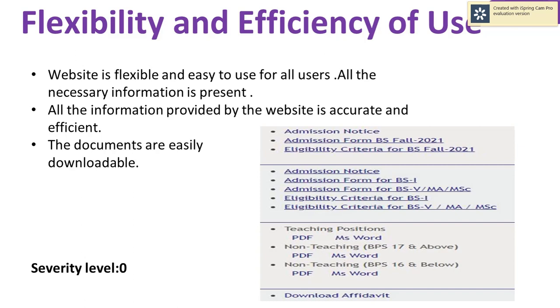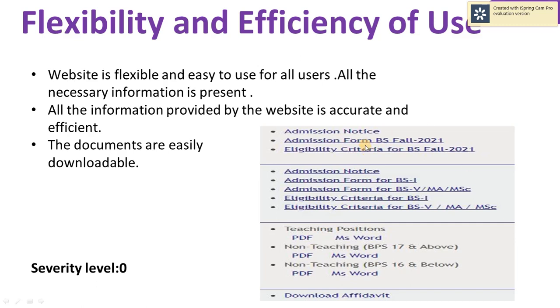Next we have the check of flexibility and efficiency of use. The website is flexible and easy to use for all users. All necessary information is present. All the information provided by the website is accurate and efficient. The documents are easily downloadable, as in the attached picture of the website, there are different files which can be downloaded according to user need.